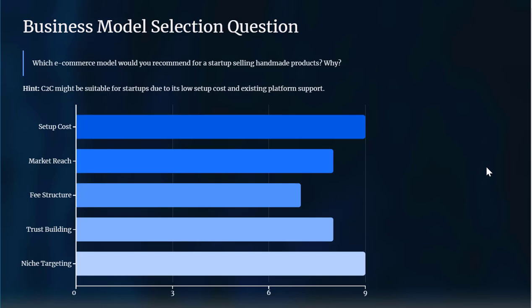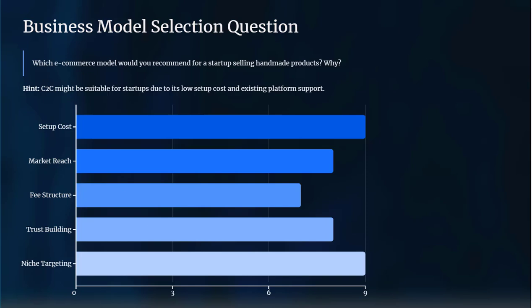So the key question we are addressing is which e-commerce model would be best for a startup selling handmade products. We see that the C2C, consumer to consumer, model might be a good fit, as it has some advantages for startups like low setup cost and existing platforms.